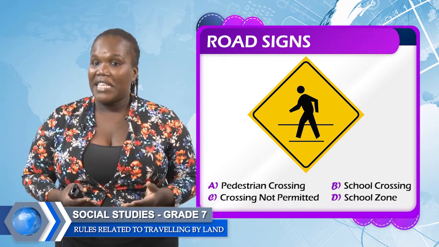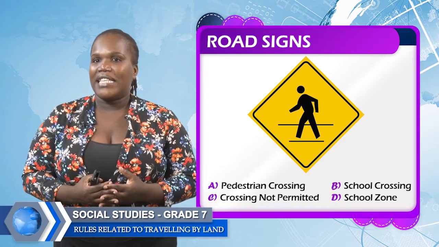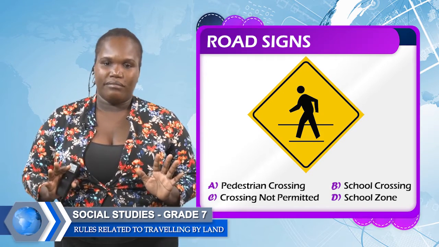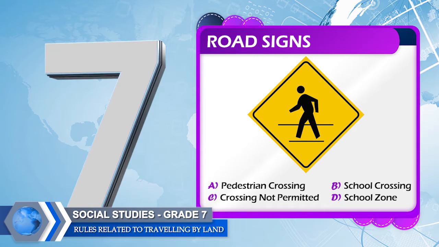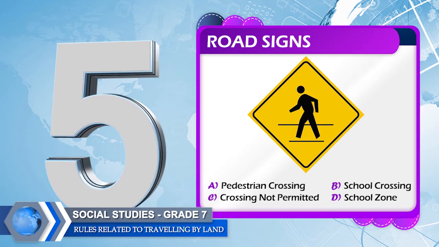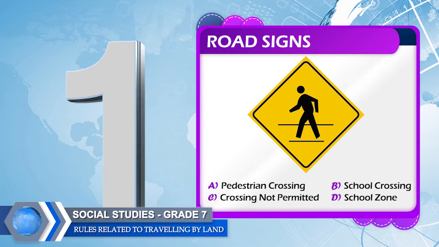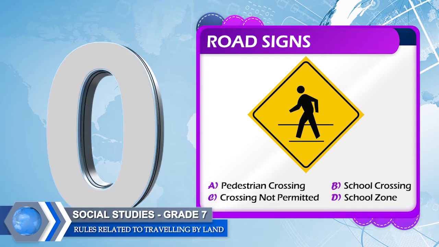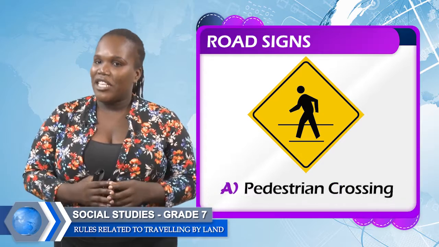C, is it saying crossing is not permitted? Or D, is it saying this is a school zone? If you said A, then you're correct.